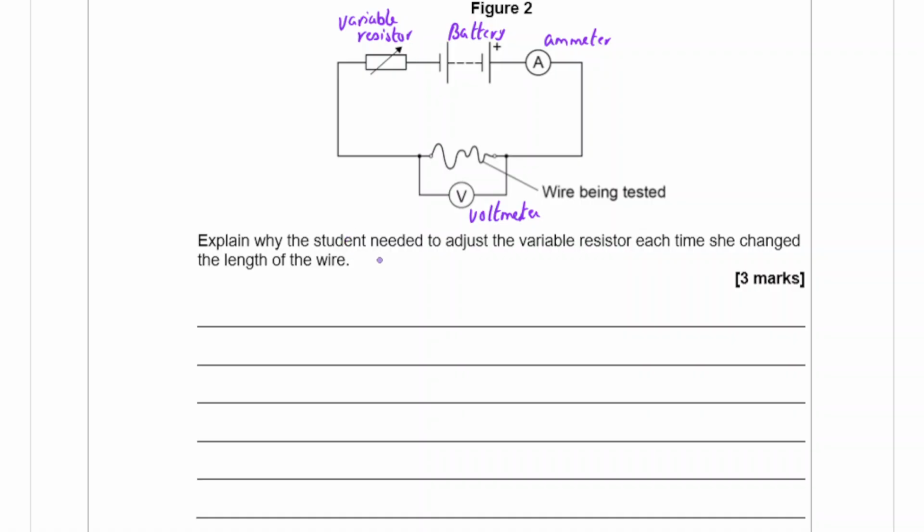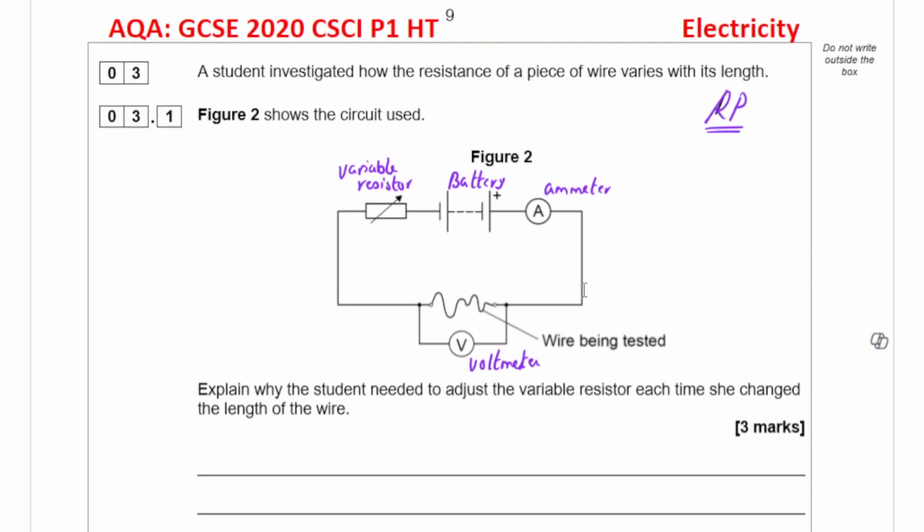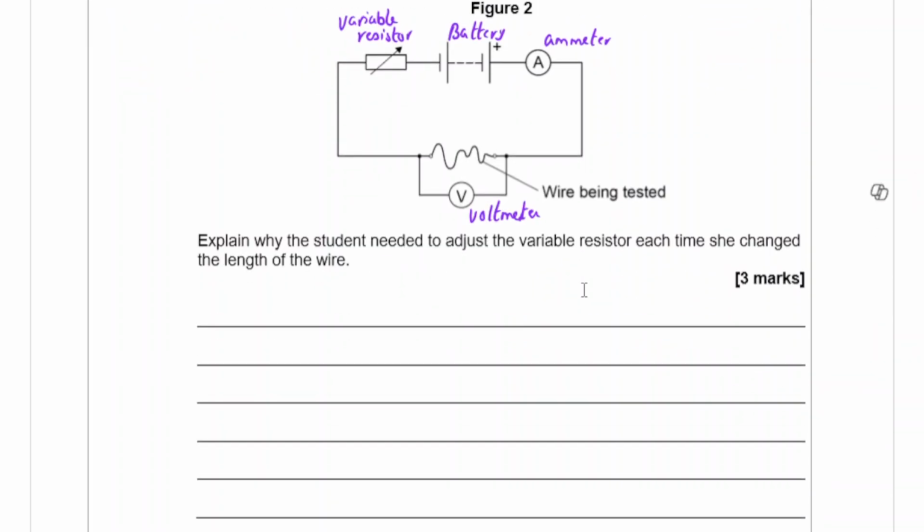Now, if you want to keep the temperature constant, because if the temperature of the wire gets hot, it will get hot if there's too much current going through. So you want to actually keep the current the same. So in order to keep the current the same, you need to adjust the variable resistor so that some of the potential difference is actually taken up by this, and you're maintaining the same potential difference across the wire.